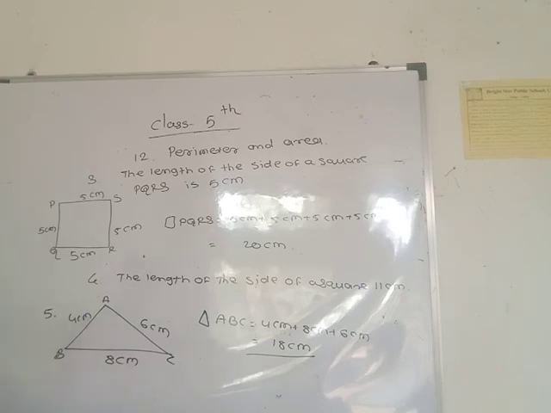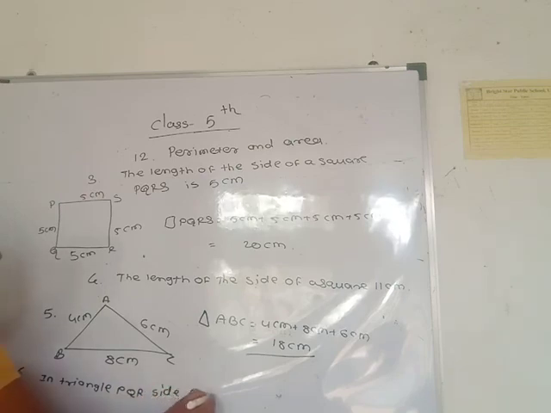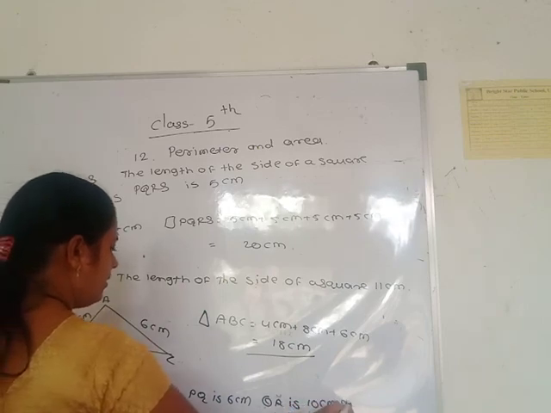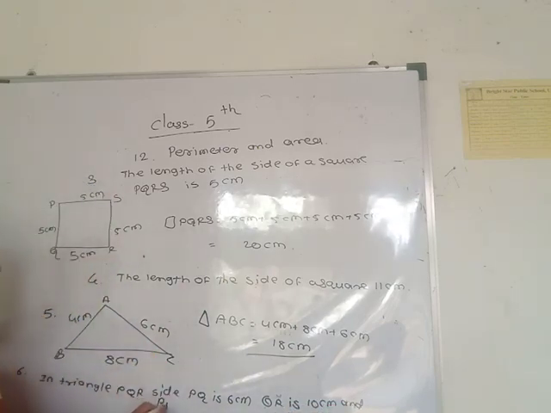Then again, one in homework you complete. Again one is given here. In triangle PQR, side PQ is 6 centimeter, QR is 10 centimeter and PR is 9 centimeter.